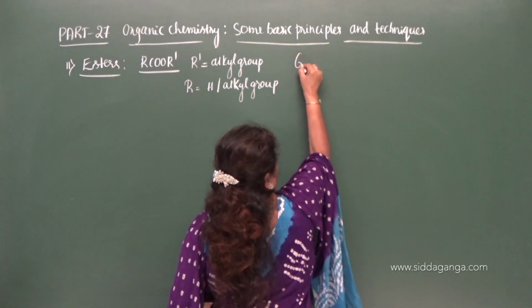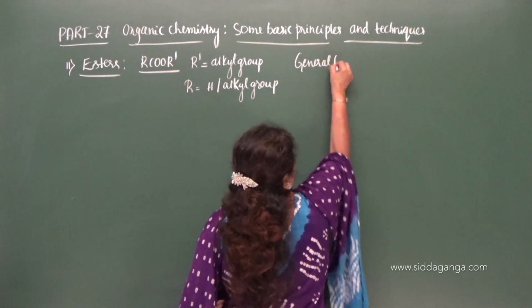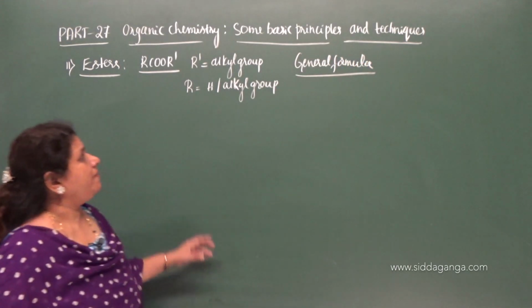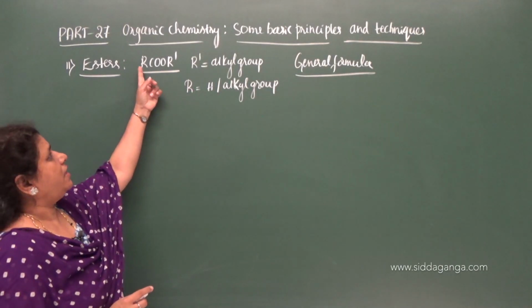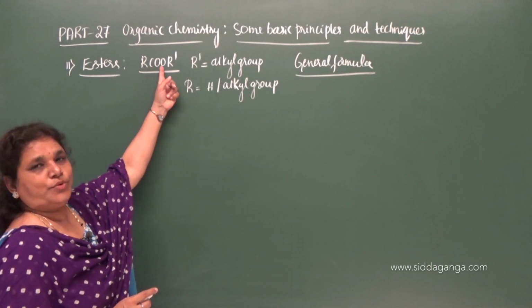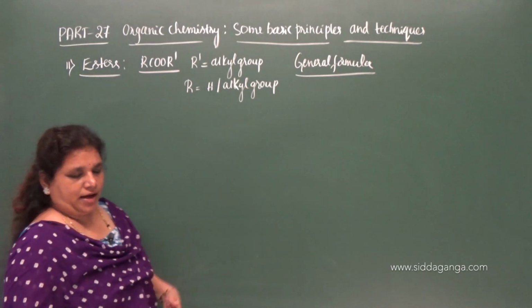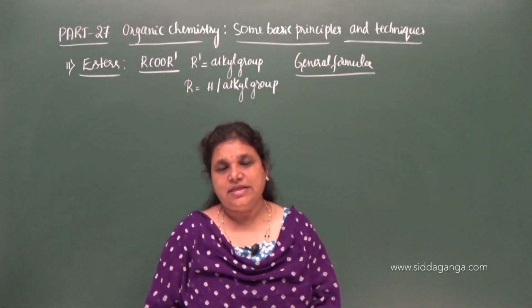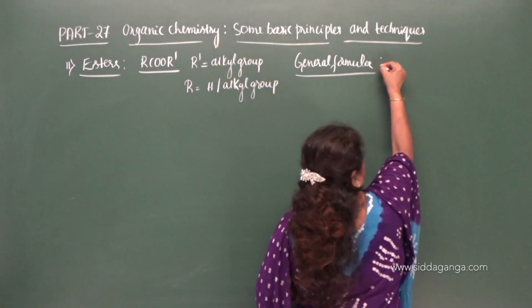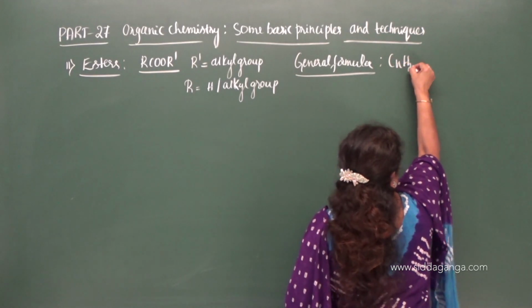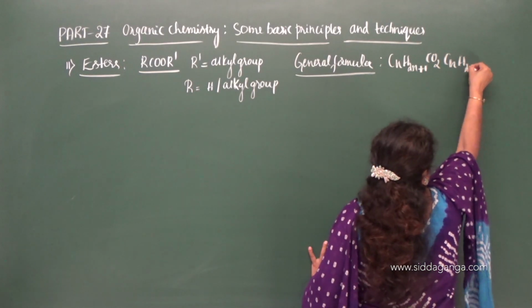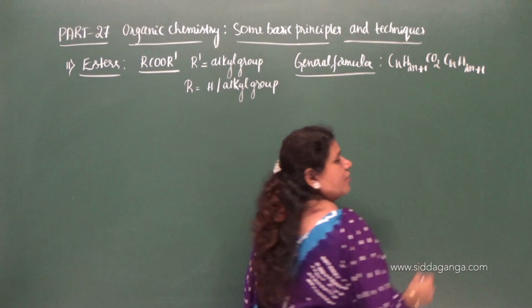And what is the general formula for esters? The alkyl group is CnH2n plus 1, then CO2. As we derived the general formula for carboxylic acids, you can give the general formula like this: CnH2n plus 1 CO2, because this is the general formula of alkyl groups.